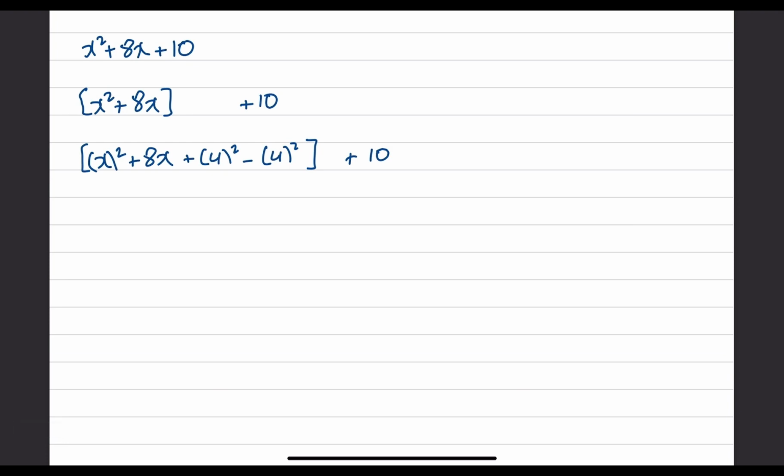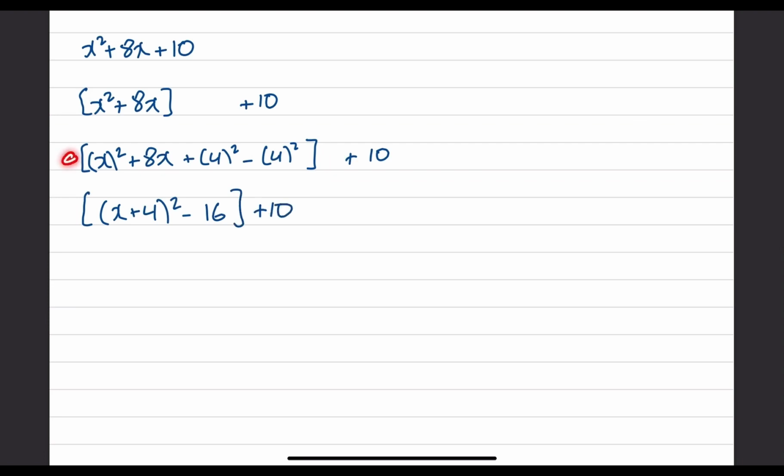And again this takes the form of a squared plus 2ab plus b squared, where a is x and b is 4, and of course this middle term is the multiple of 2, x and 4. So you can now collapse this bracket into x plus 4 whole squared minus 16, of course, plus 10.